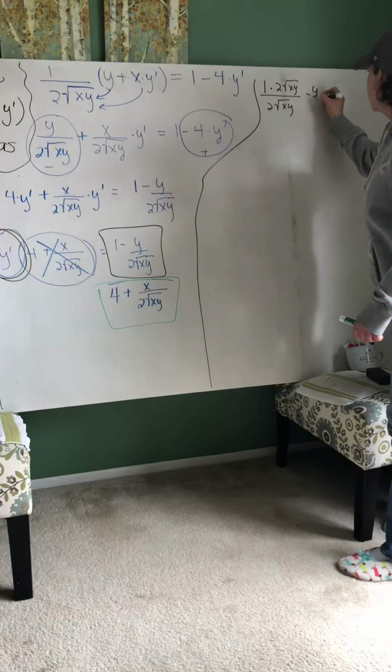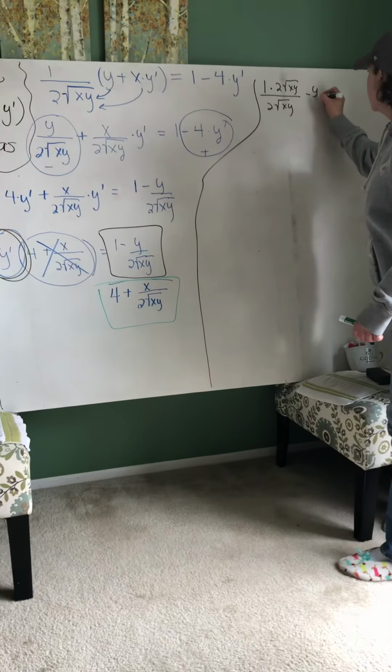In green, notice I need a common denominator of the same thing, 2 square roots of x times y. I'm going to multiply 4 by that expression. And that's plus, there we go. So now my numerator has a common denominator, and so does my denominator.